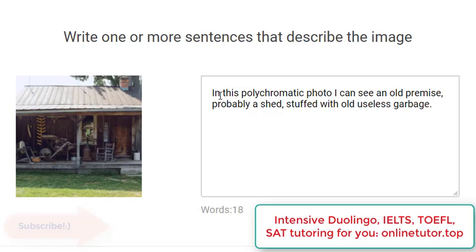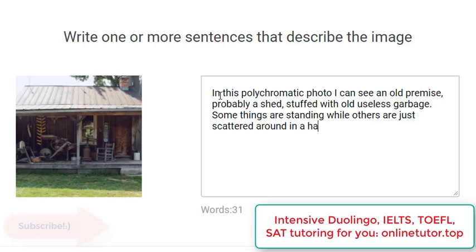Okay, the second sentence: some things are standing, while others are just scattered around in a haphazard way.